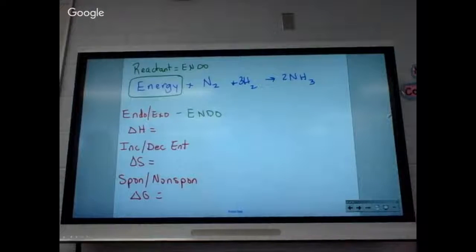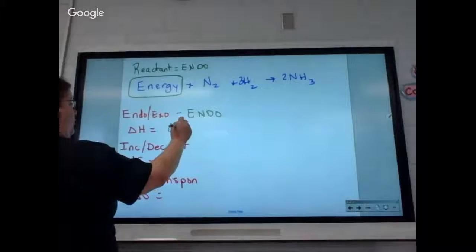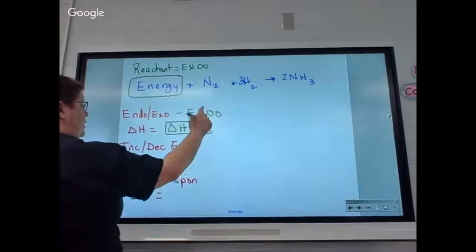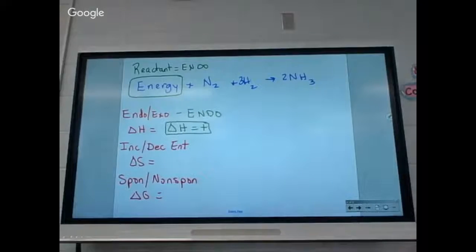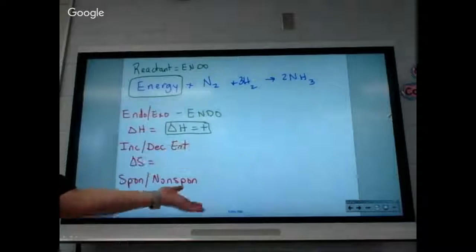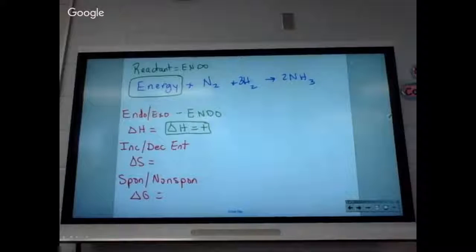Is it positive or is it negative? It's positive. Now, to answer Jade's question from earlier, you have to know this based on endo. That's the piece you have to memorize. There's no getting around that. You have to memorize that endothermic is positive and exothermic is negative. That's just gross memorization. I can't teach you that piece.